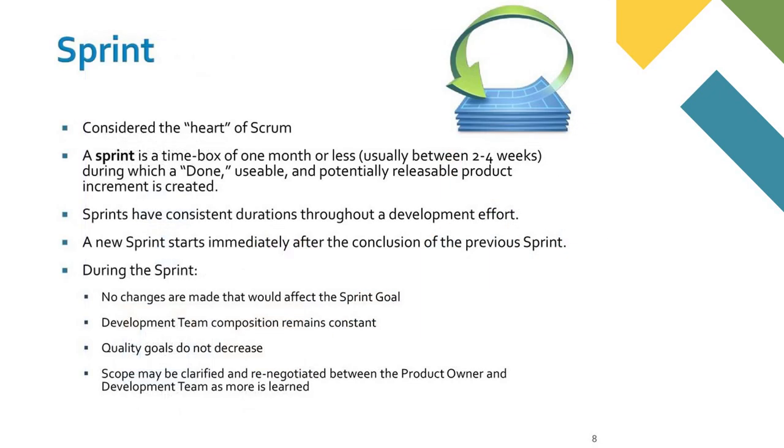Before that, you should know what a sprint is. Sprint is the heart of Scrum. A sprint is a time box of one month, or usually between 2 to 4 weeks. Throughout the development, the sprints have consistent durations.